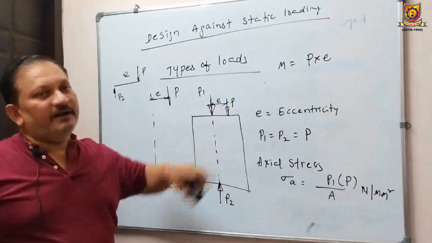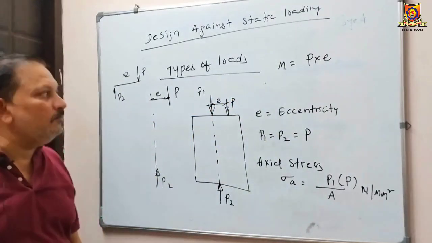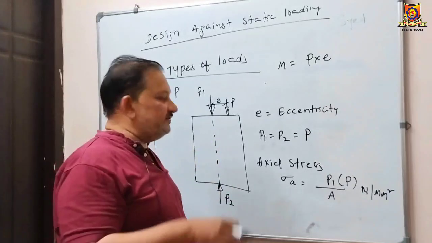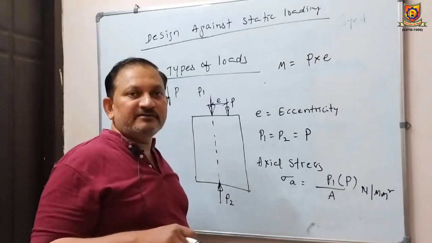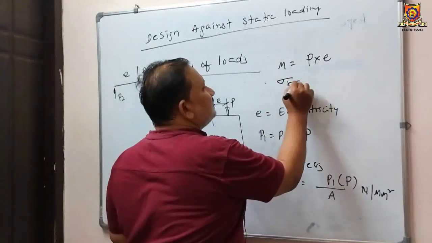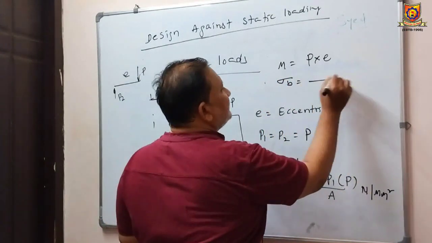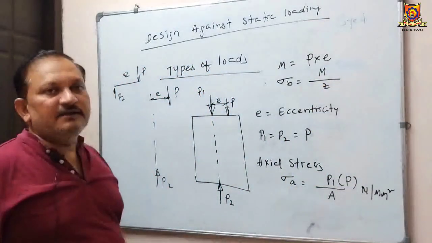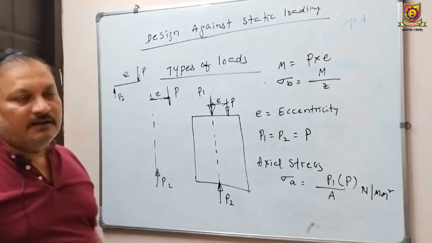So this bending moment is going to induce a bending stress in the member. So bending stress, because of this bending moment, is given by the ratio of M by Z. What is Z here? Section modulus.